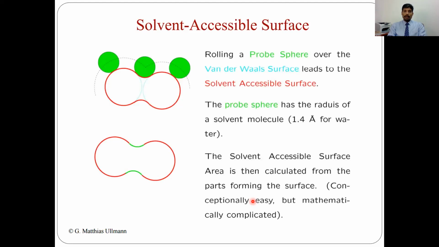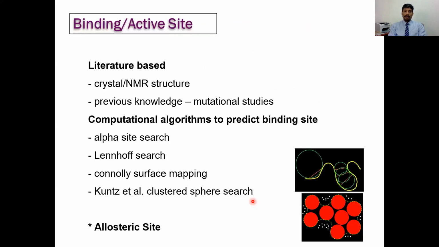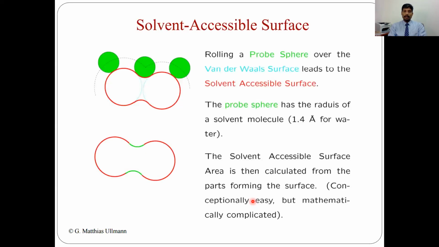So one of the ways is Connolly surface mapping. This is a kind of protein. It is a rolling sphere model, called the solvent accessible area. Spheres of 1.4 Angstrom, which is the water molecule size, will be rolled on the surface of the protein to find the grooves on it. What are the grooves present on the protein?